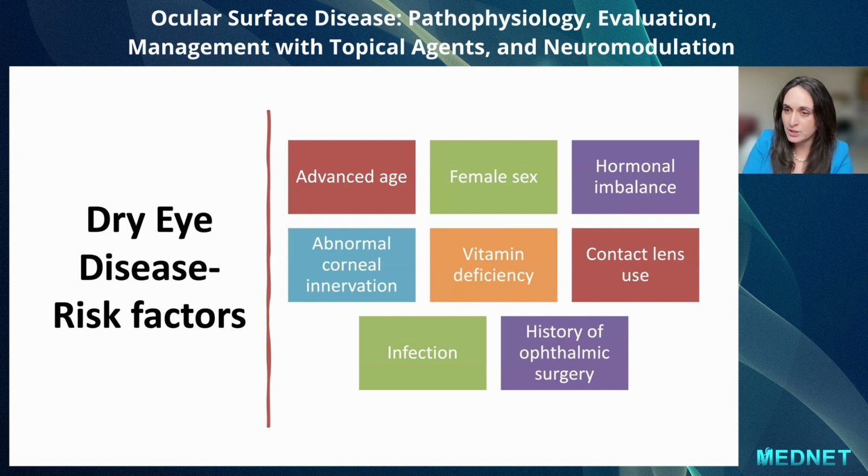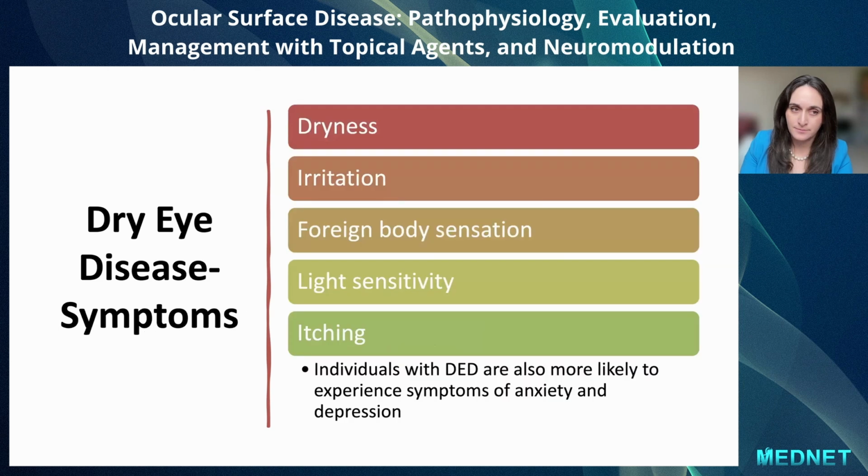You can have vitamin deficiency, contact lens use or overuse. Infection of the cornea or other infections can cause dry eye disease, and then a history of ophthalmic surgery, both refractive or any kind of ophthalmic surgery, can cause dry eye disease.